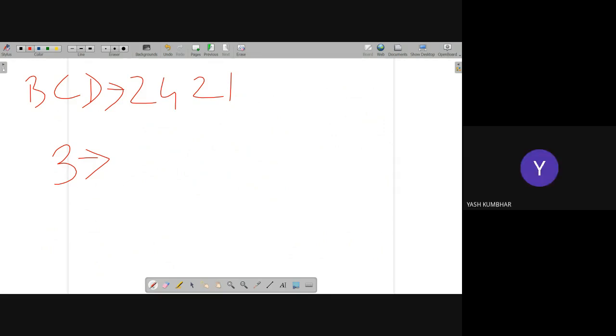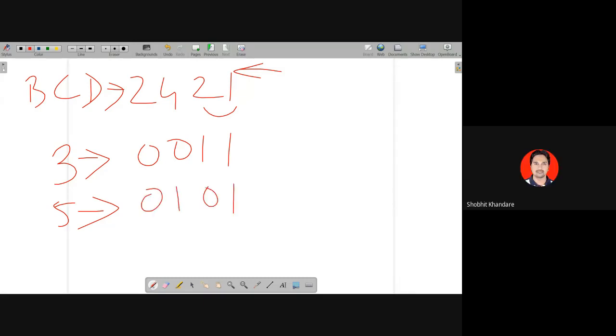Yes, 0011. Very good. We always have to look from this side, so 1 plus 2 gives 3, so it is 0011. To represent decimal number 5, tell me the code. 0101. Very good, because 1 plus 4 gives you 5.